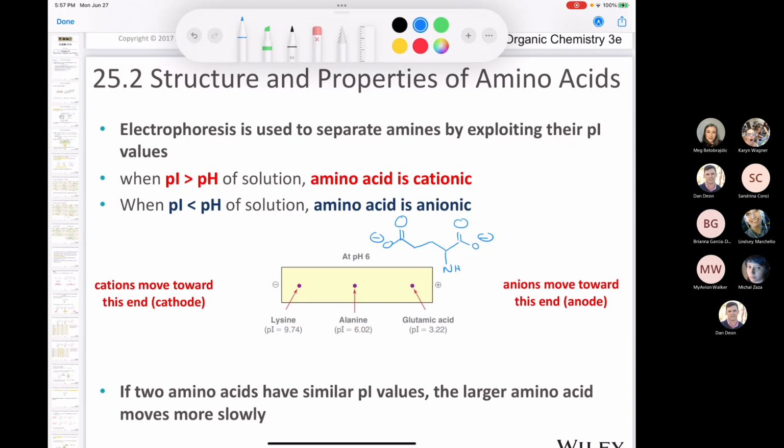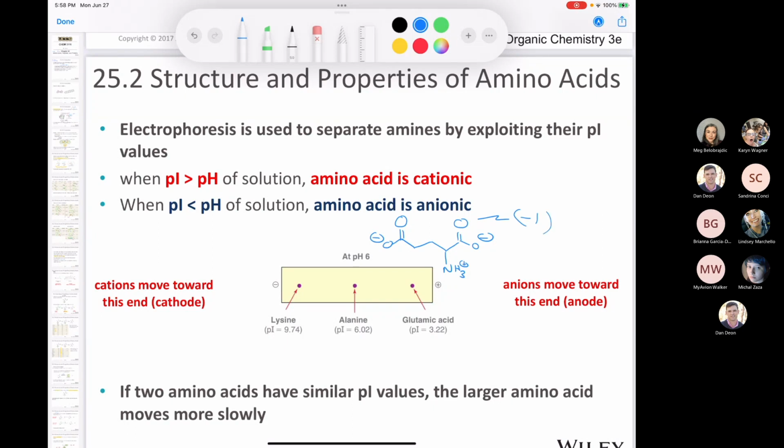Then this part is going to be protonated because we're at a pH that's lower, more acidic, than the pKa of the amino group, but these two charges, positive and negative, cancel. So overall, this amino acid has a charge of -1.